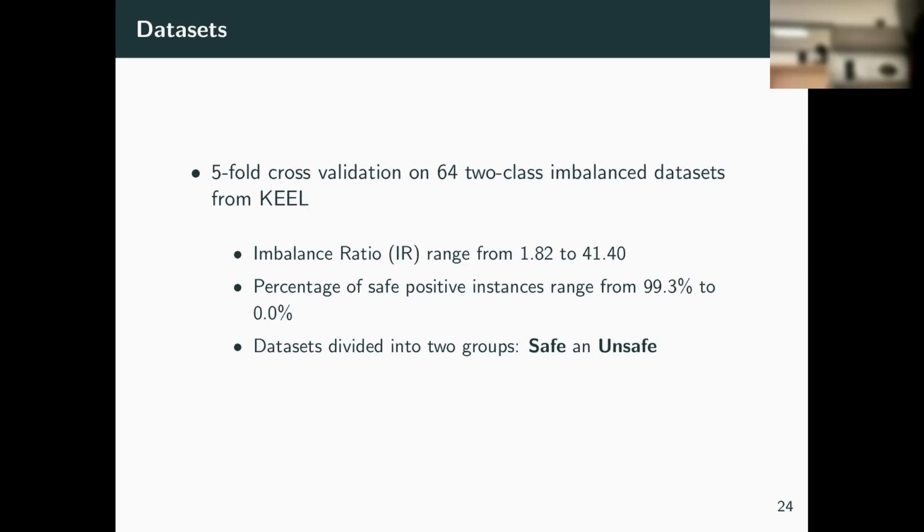A safe positive instance is a sample whose K neighborhood mostly belongs to the positive class too. The range in this test bed goes from 99.3%, a very easy data set, to 0%, a very hard data set. So we divided the test bed into groups: the safe ones, in which most of the positive class samples are in safe regions, and the unsafe ones, which is the opposite.